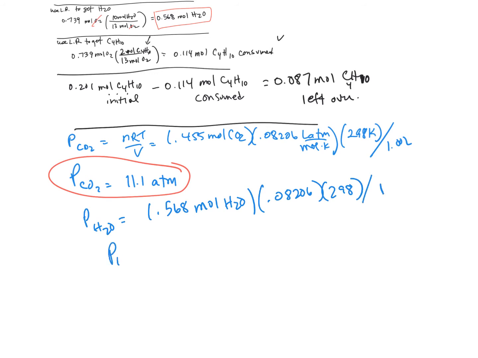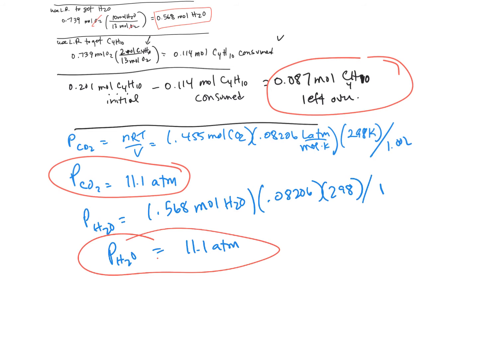So the partial pressure of water is equal to 11.1. Okay, so we got that. And then we have that leftover butane, which is right there. So we're going to get the partial pressure of C4H10 butane, sorry.